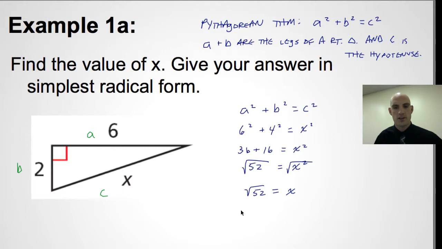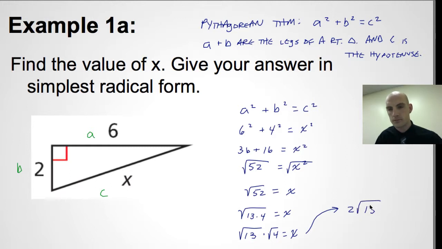I'll make this the square root of 13 times 4, because I know that 4 is a perfect square. So that's the square root of 13 times the square root of 4 equals x, and my answer is 2 square root of 13 equals x.